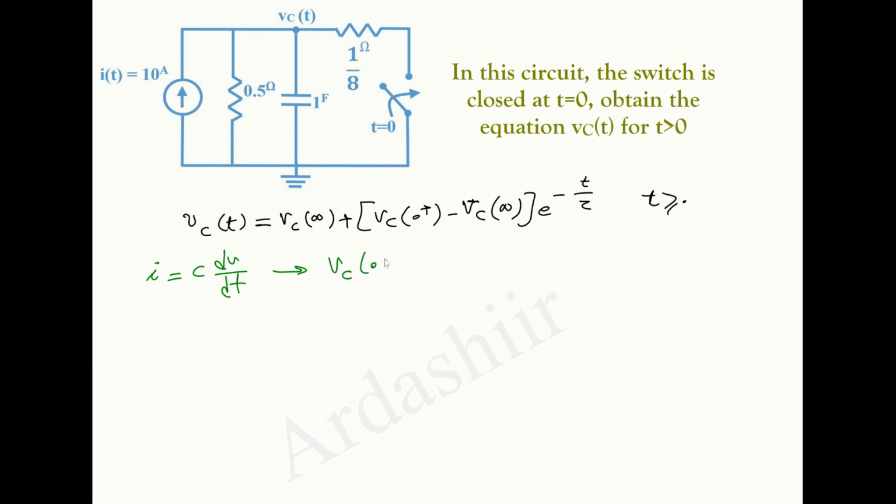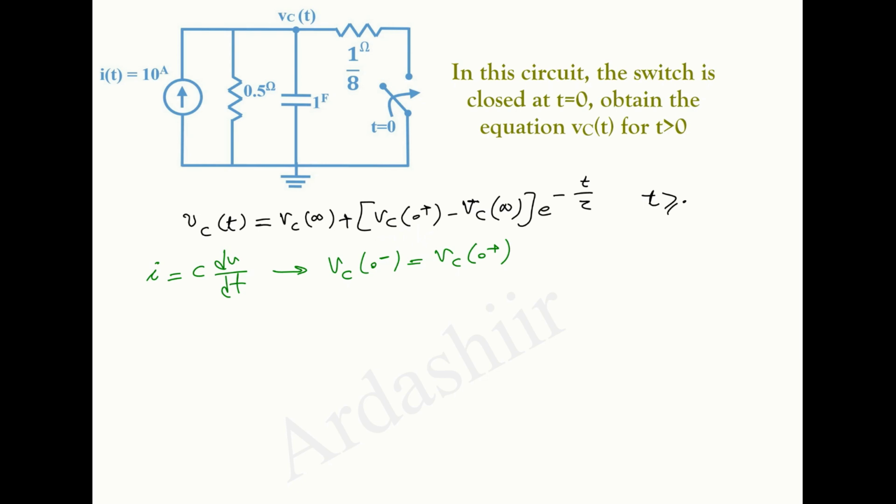Vc of 0 minus equals Vc of 0 plus. Therefore, in this equation, we can calculate and substitute Vc of 0 minus instead of Vc of 0 plus.